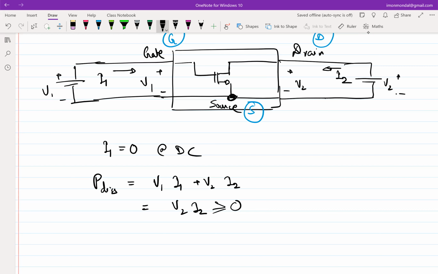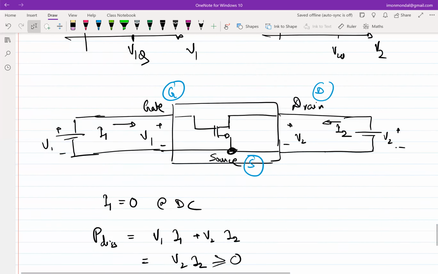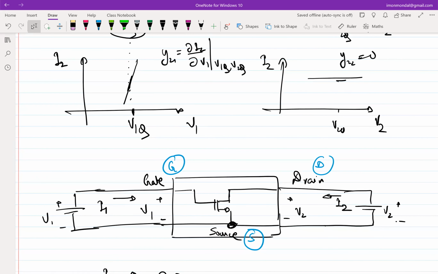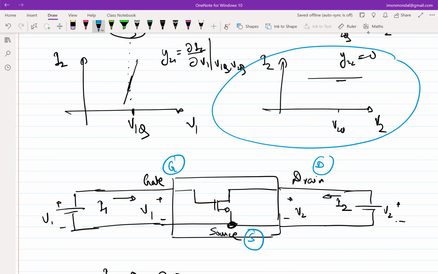So if that is the case, and I turn our attention to this plot, the I2 V2 plot, what is it telling you? It's saying that if I2 times V2 has to be greater than 0, which quadrants can the plot reside in? First and third. It cannot go to second and fourth, right?